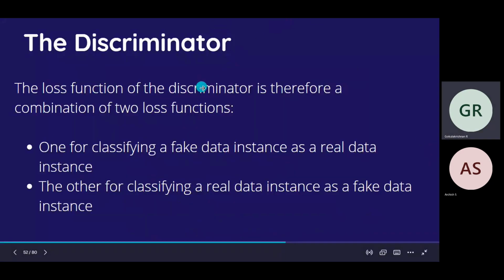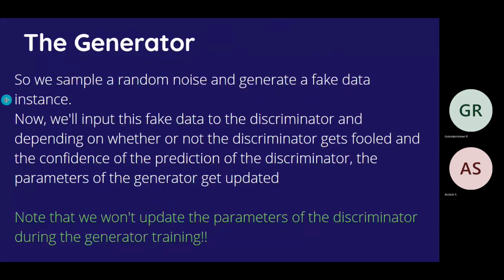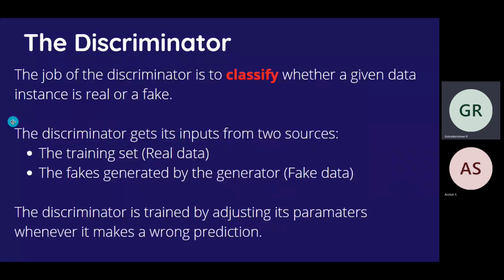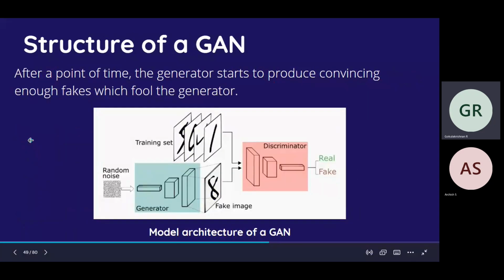Okay, this is done. So how do we generate an image? How does a generator generate an image? We take a random noise, like a Gaussian noise, maybe; it can be any noise, and we'll do the exact opposite of what we did in a CNN.